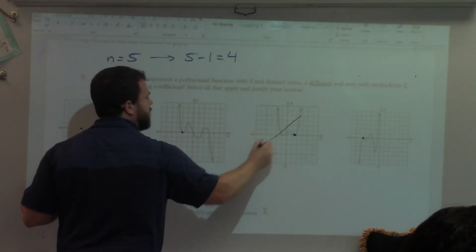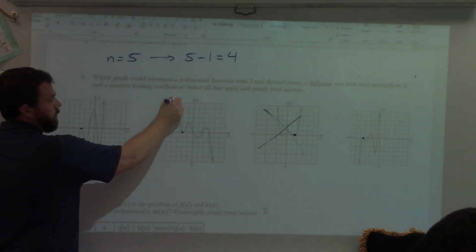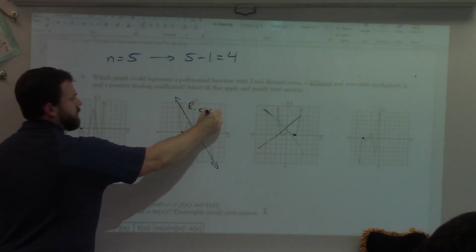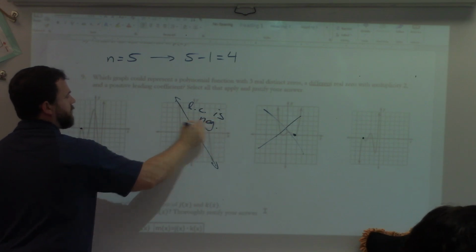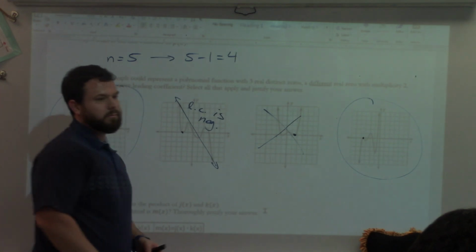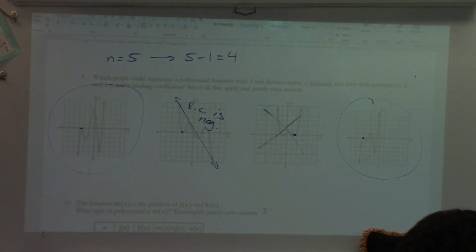So this one's out. What's the issue with this one? It's decreasing overall, right? If I connect those ends, that tells me my leading coefficient is negative. That one's out. Could have been the first or the last. So both of those had positive leading coefficients and fit all of the requirements for the zeros.